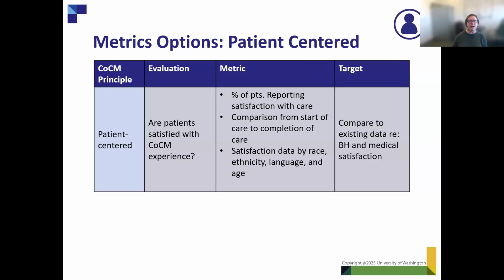And you can work with them to see if they can add in questions about the collaborative care program, and if they can also add the behavioral health care manager as one of the providers whose encounters trigger one of those kinds of surveys.